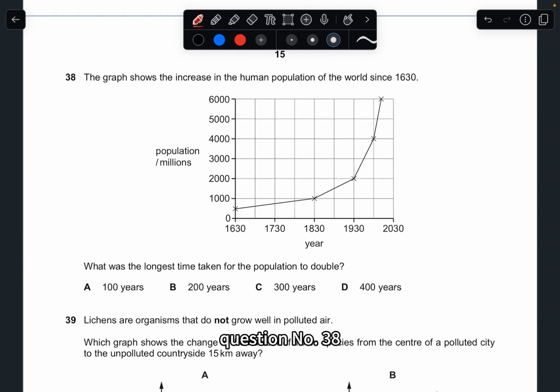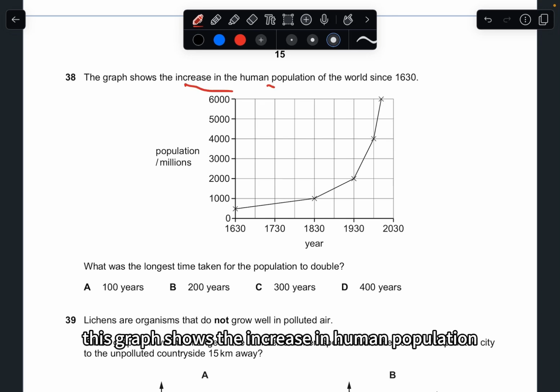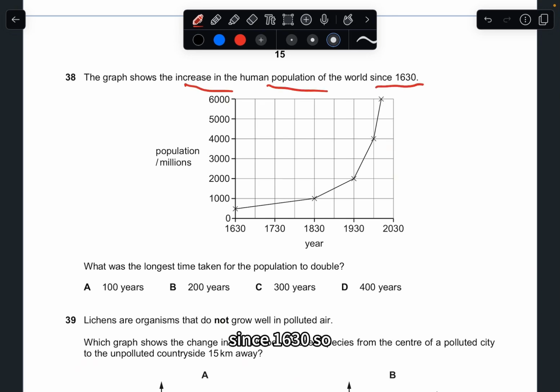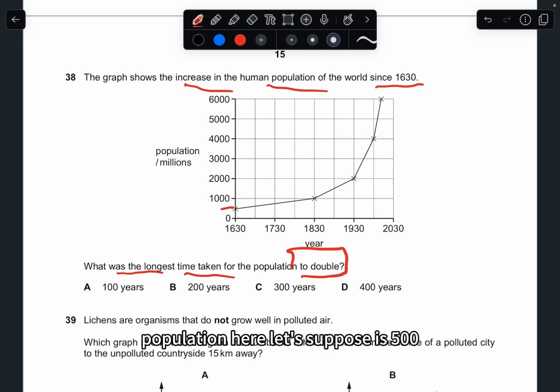Question number 38. This graph shows the increase in human population since 1630. Which was the longest time taken for the population to double? If you see from 1630 to 1730, that's 100 years, but the population here, let's suppose, is 500, and it reaches almost 1830, like 200 years.